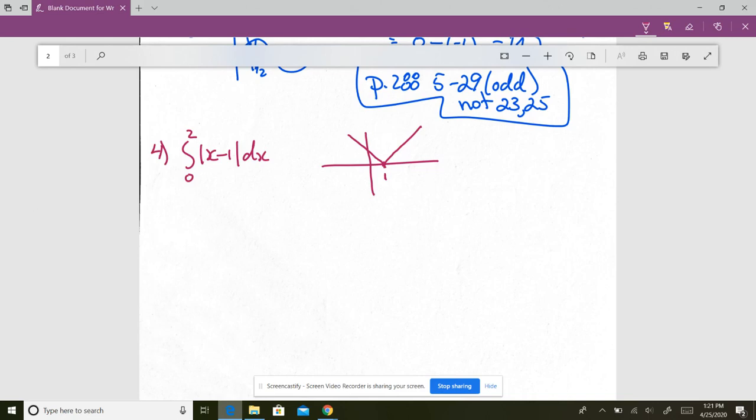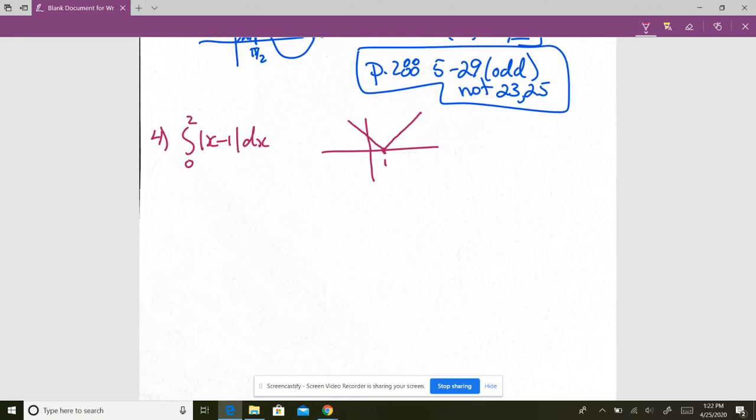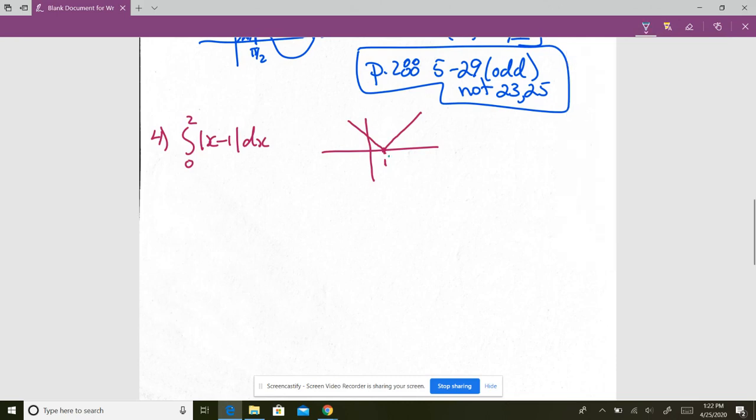But all right, we're back with this absolute value graph of the integral from 0 to 2 of |x minus 1|. So here's the graph of that function. If you remember from Math 12, this part of the graph is the graph of x minus 1.